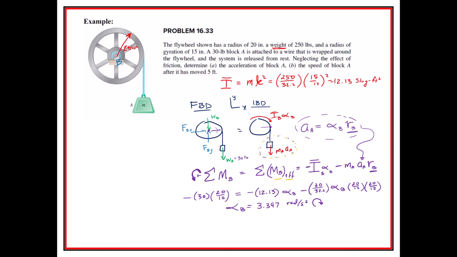So if we want the acceleration of block A, we can go back up to this equation and say the acceleration of A is equal to alpha B RB, or 3.397 times our 20 over 12.